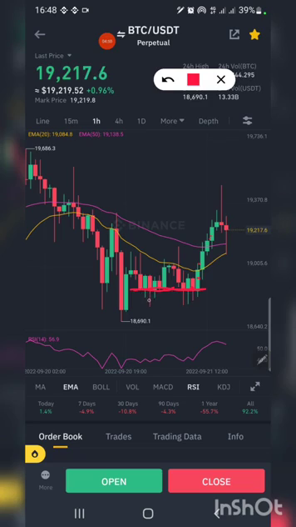So how did this help me? Because I spotted that these points are the most obvious levels that it has been testing. The first time I saw that it tested this point, the next time after the first movement, I noticed that it had always been rejected at 19 plus.